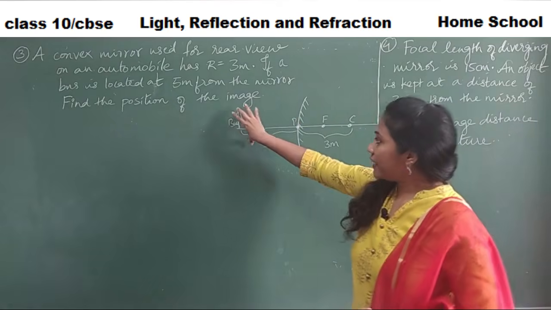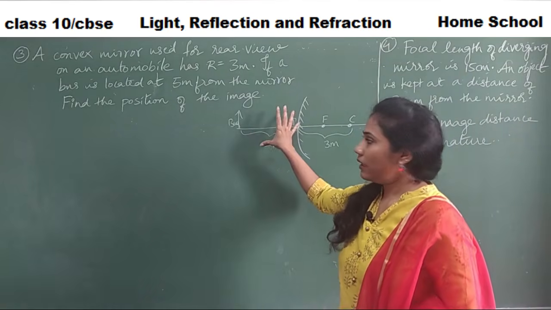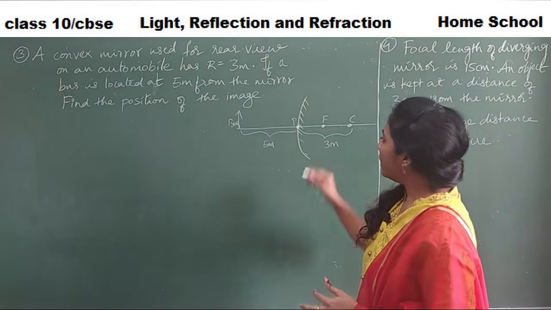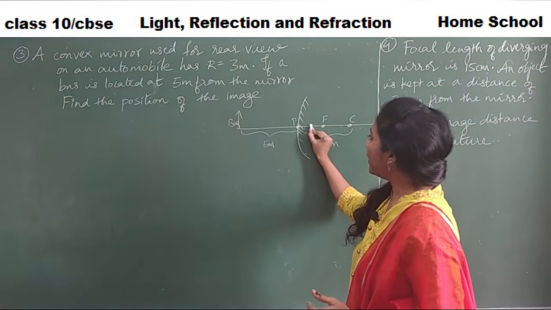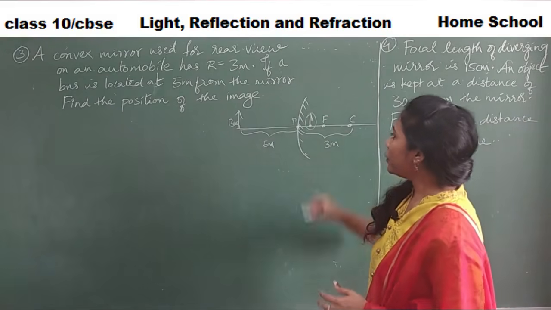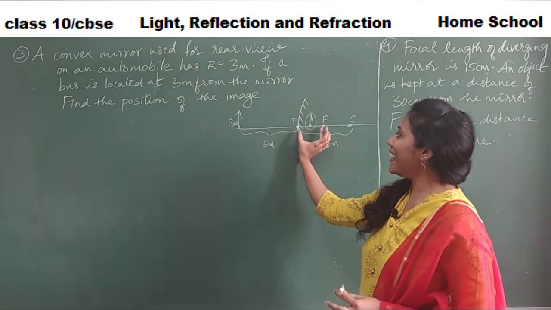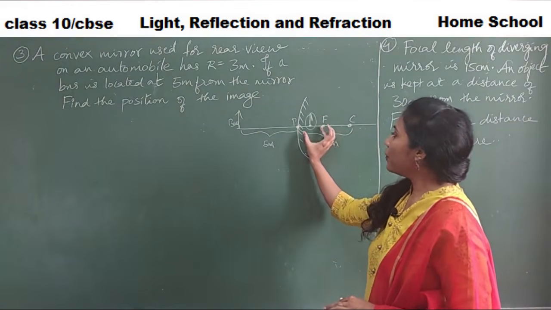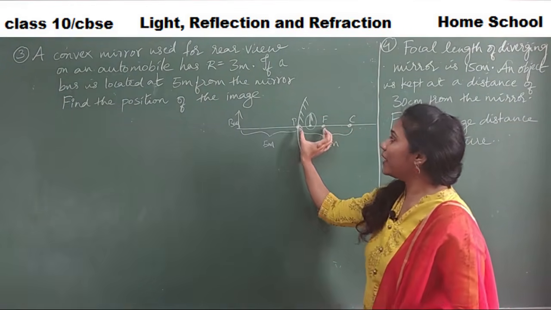Whenever an object is near to the mirror, if not at infinity, the image is always formed between the pole and focus, no? So that means your image will stay in between the pole and focus.